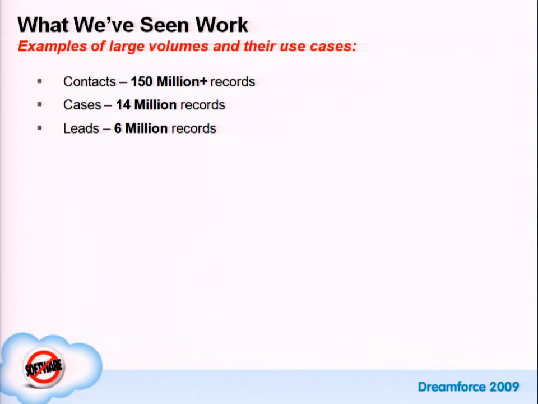So they maintain in their instance 150 million contact records. We'll talk as we go along about some of the tools and technologies that they leverage to support that. But they have 150 million in a single object in the instance. Very quickly searchable. When someone comes into one of their retail outlets, they're able to pull them up very quickly and add information to their record.